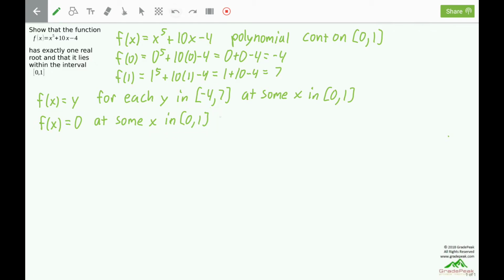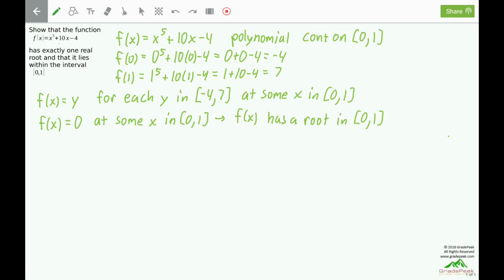So another way to state this is f of x has a root, and that root is residing somewhere in the 0 to 1 closed interval. So that shows that f of x has a root in the closed interval.